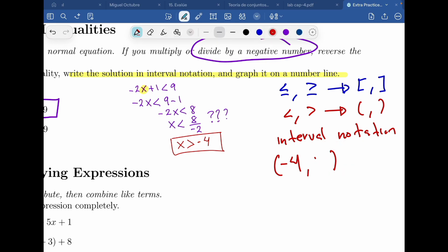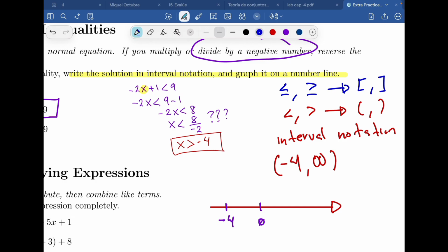So this is infinite. Then to graph this using a number line, we need the number line like this. Then we need to identify 0. What is the negative 4? So maybe here. Okay, so we can say greater than minus 4, and remember, when we have the number line, we have two options.